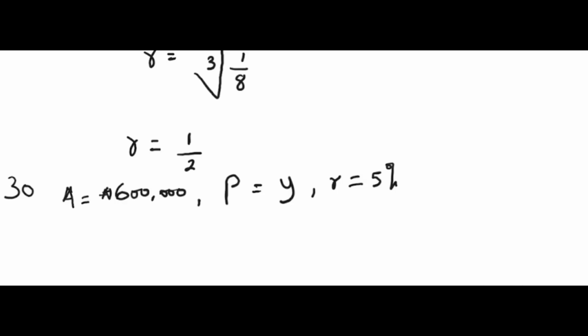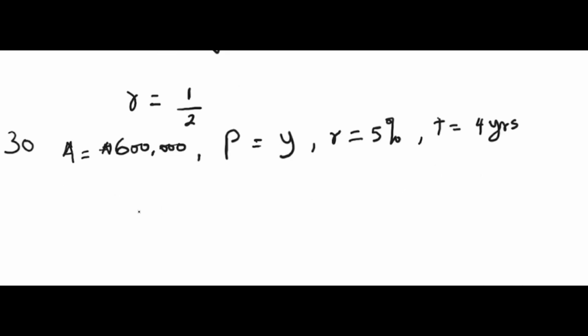That 5% is our rate for 4 years. Time is what? 4 years. So the question says find Y.